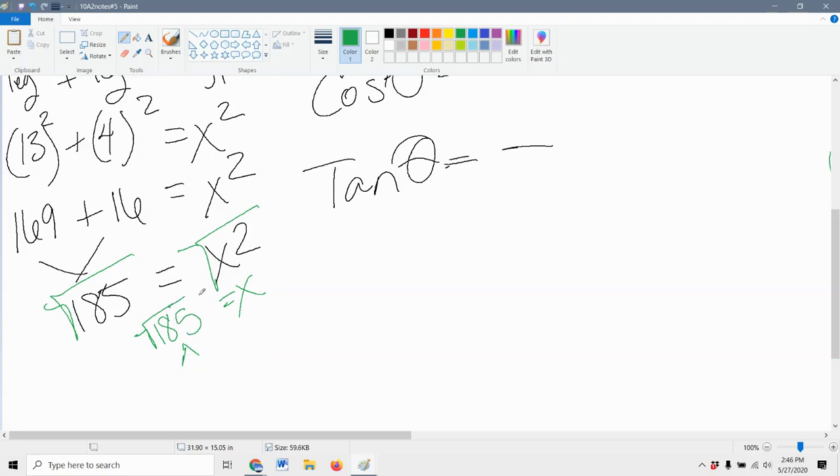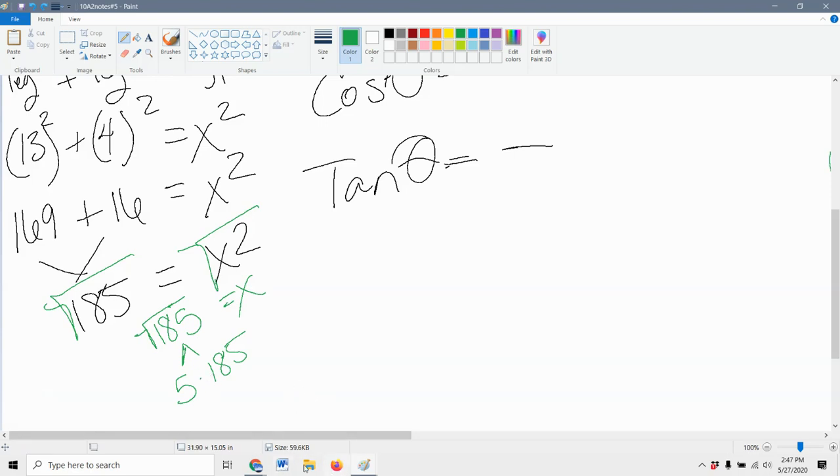If you want to leave it like this, I'm not going to count it wrong, but I would prefer it if you did a prime factorization of this root. I know that I'm not going to go 2 because 185 is not divisible by 2. Same with 3. But when your last number is a 5 or a 0, try 5. That's the first in the list of prime numbers that we know for sure will be divisible into 185.